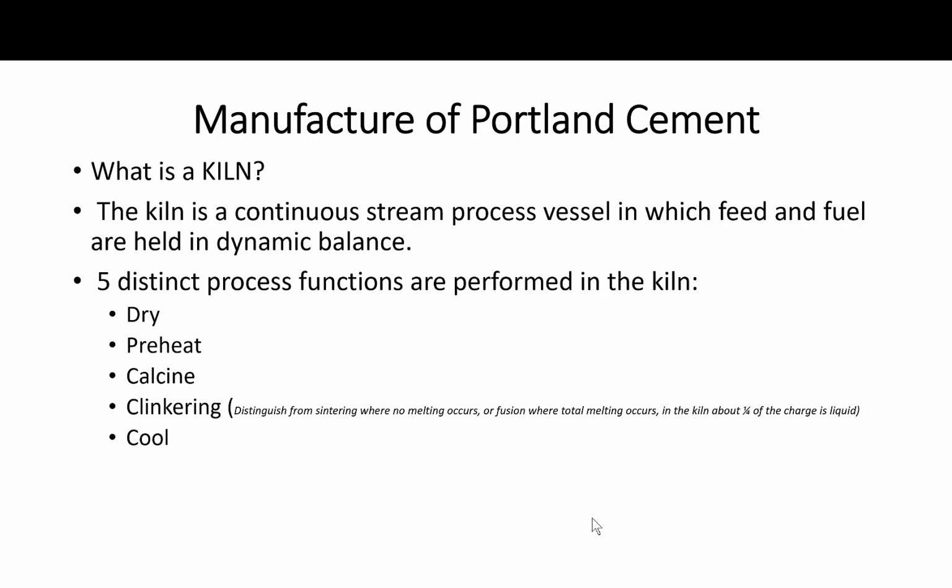So okay, let's get back to the process of the clinker or the manufacturing of the cement. We talked about a kiln. So what is a kiln? The kiln basically is a huge inclined, about 1 to 4% over the horizontal, rotating steel furnace lined with refractory bricks.